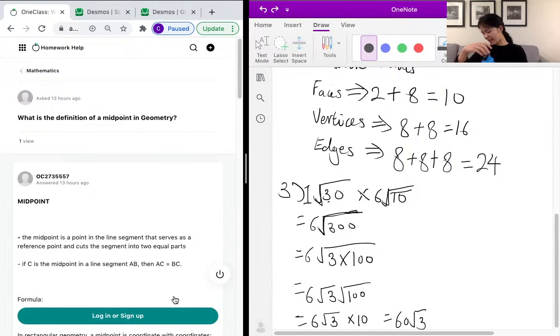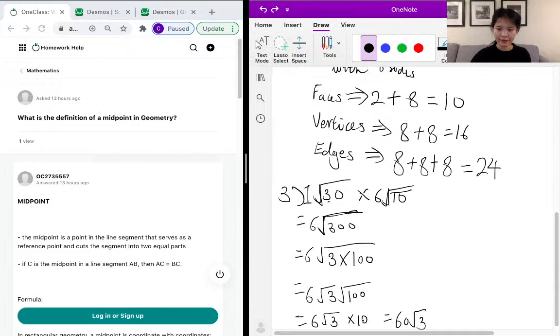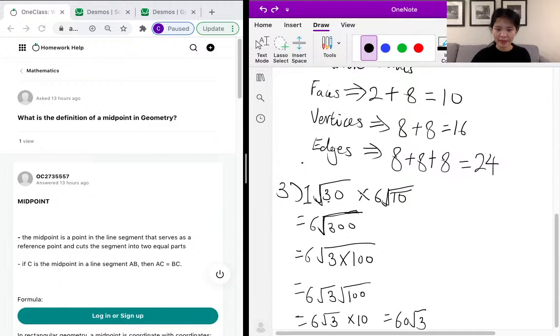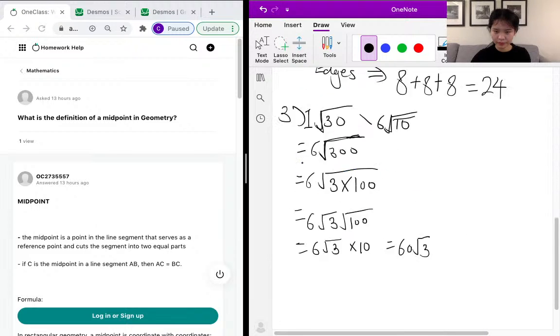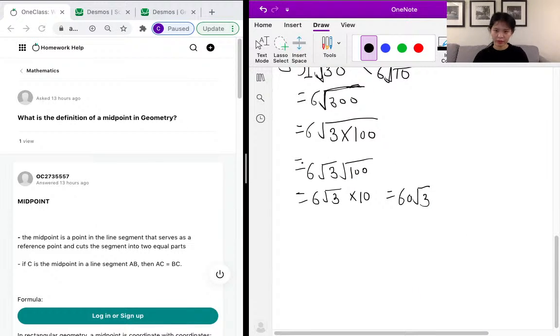Our next problem is actually asking us for a definition, or more of an explanation. So let us define midpoint, or let us explain midpoint a little bit. Let me write the question number, or I guess there wasn't really a question number.